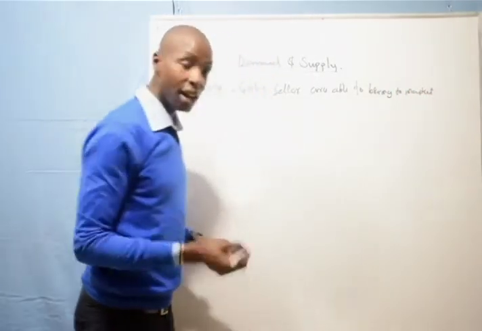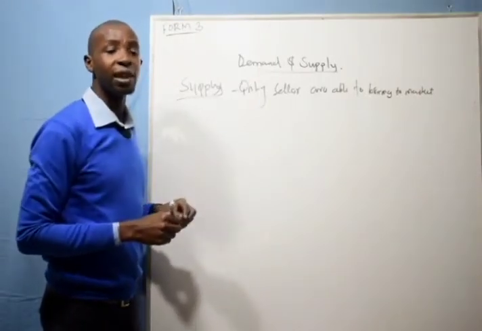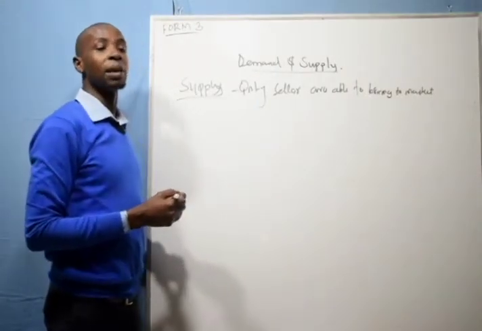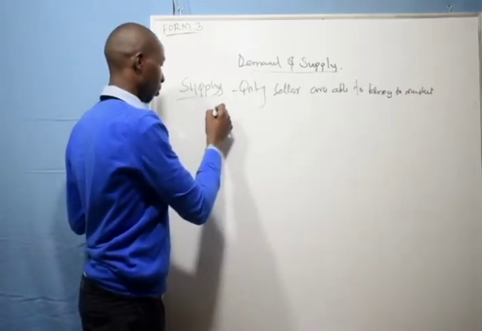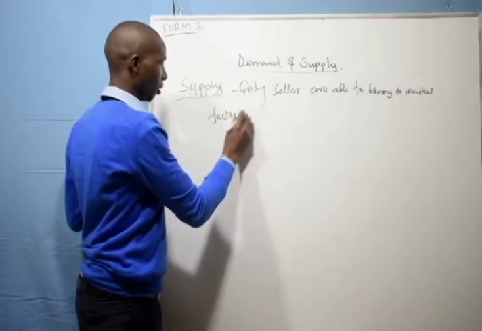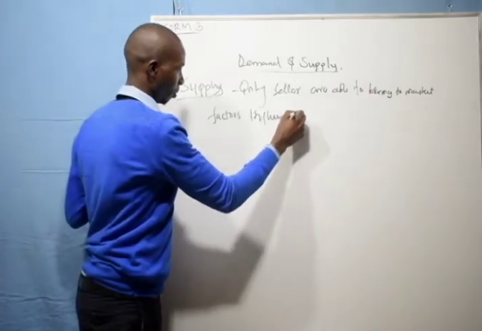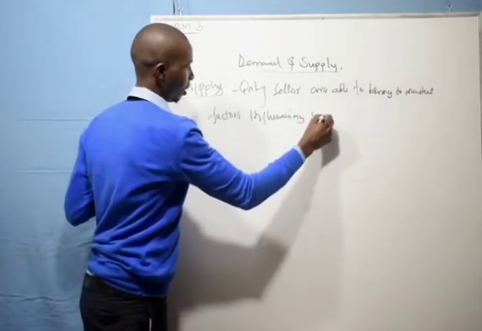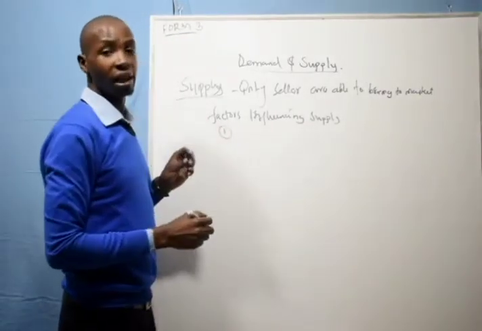So let's see the factors that influence the supply of a commodity. One of the factors we have is the price of the product.